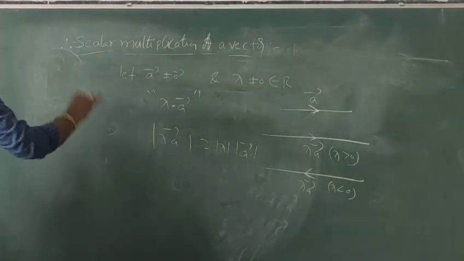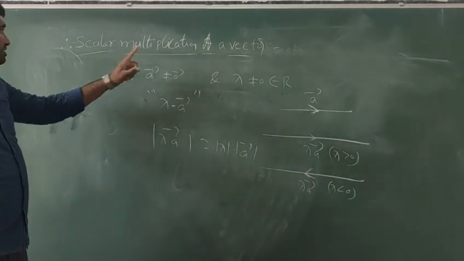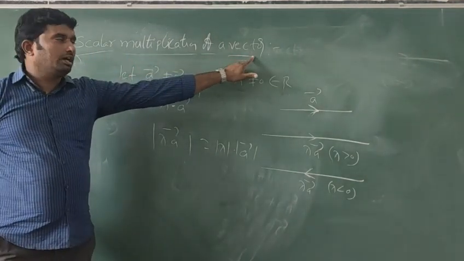Heading: scalar multiplication of a vector. To define this, we want one scalar and one vector. Write down clearly.